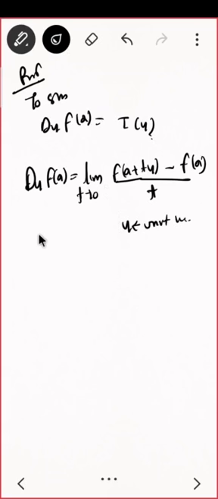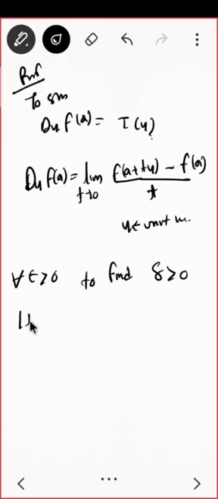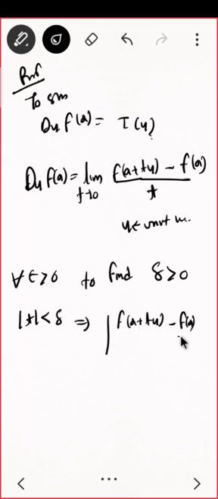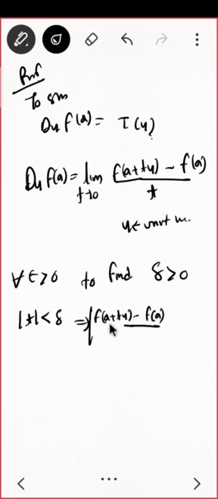That means for all epsilon positive, to find delta positive such that mod of t less than delta should imply mod of f of a plus tu minus f of a upon t minus T of u should be less than epsilon.